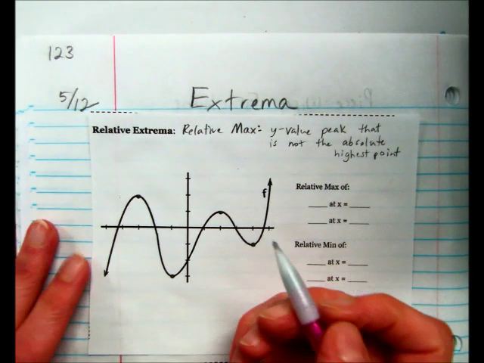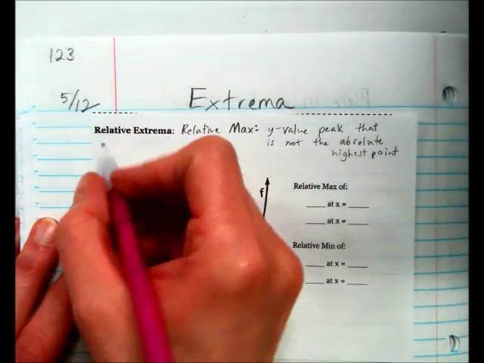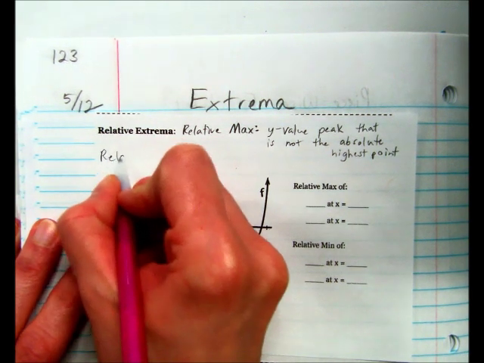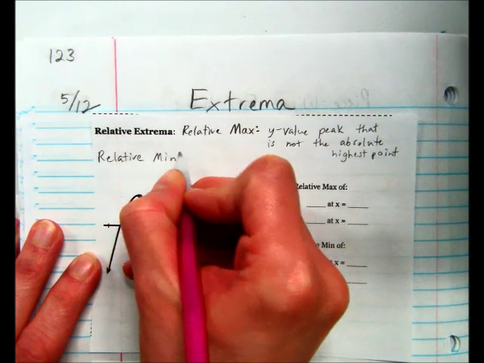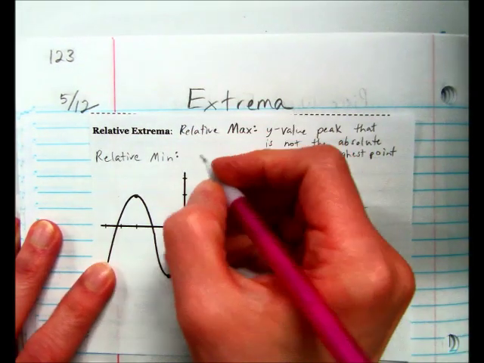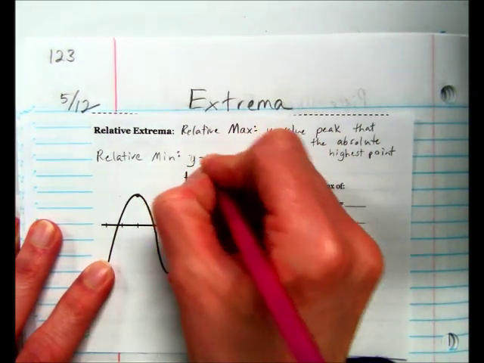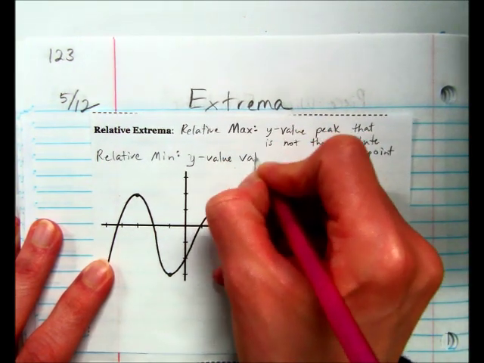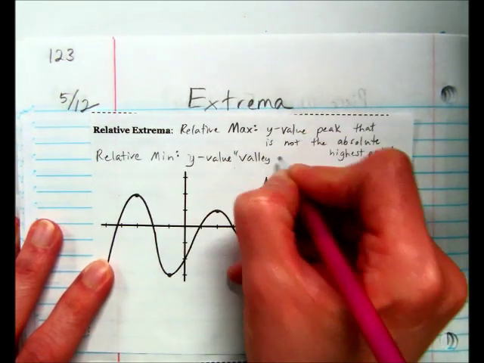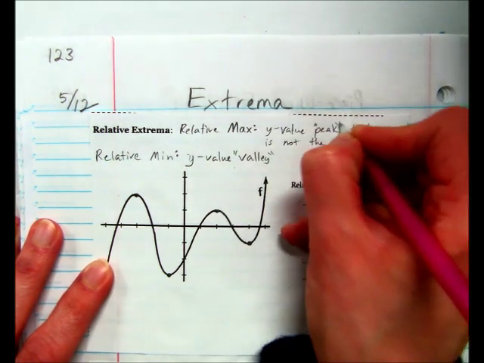Okay, and so we need to do a relative minimum too. So I'm just going to write that over here. If we have a relative minimum, or I'll just call it min, that is the y value valley. I should put peak and valley in quotes.